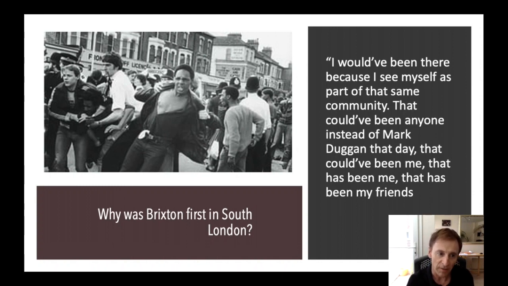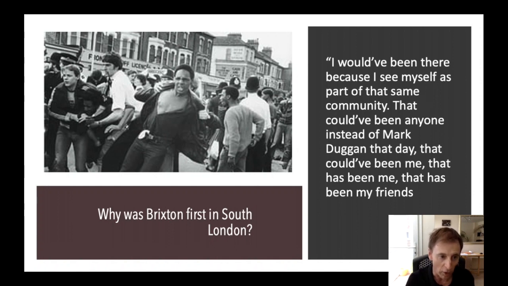So it seems to be necessary, but it's obviously not enough to explain why Brixton came first if everybody interviewed is so hostile. So what in particular was it about Brixton that led it to riot first in South London? Part of the answer is that Brixton people, when they talked in these interviews about the events in Tottenham, clearly identified with people in Tottenham.